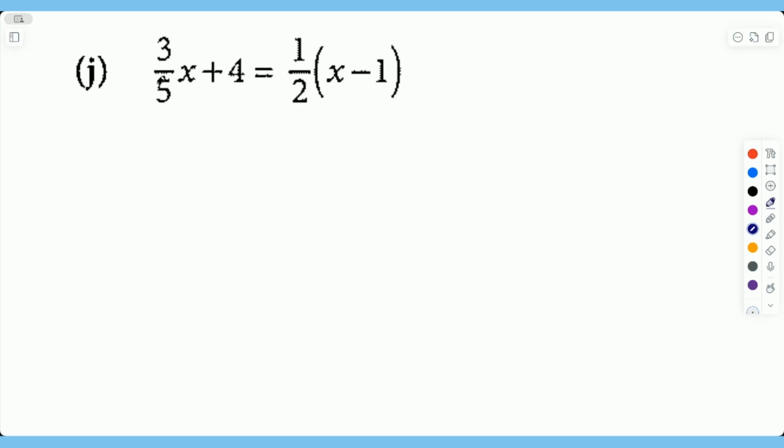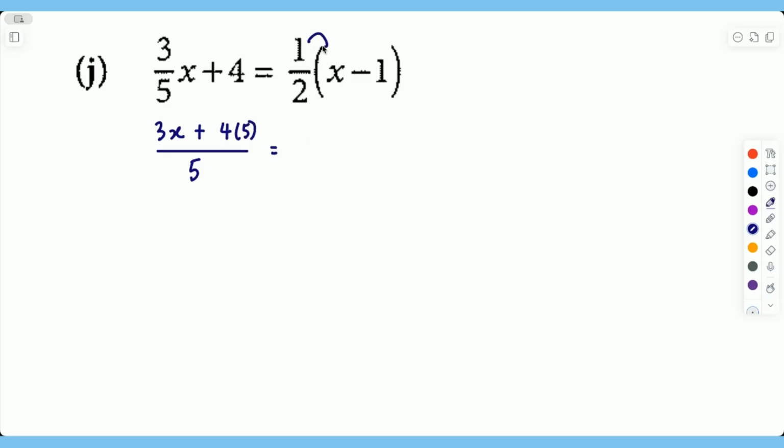Here we have a fraction term and a constant, as well as this expression on the right side. Let's put the left-hand side into a single fraction. The common denominator is 5. 3x plus, to get the numerator here, will be 4 times 5.